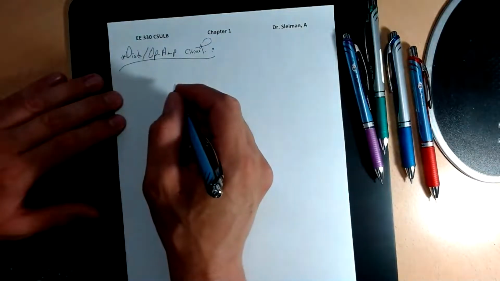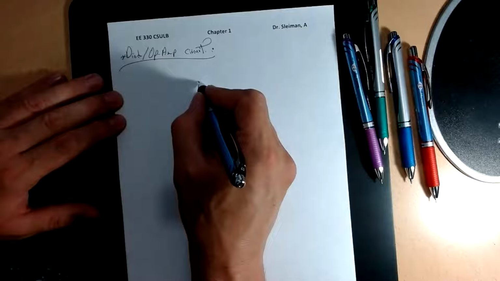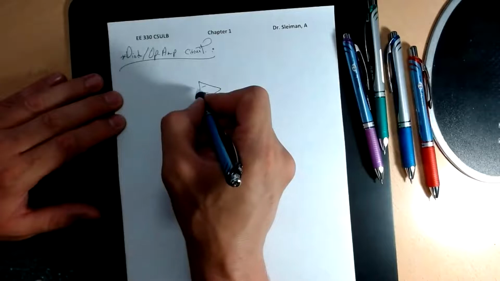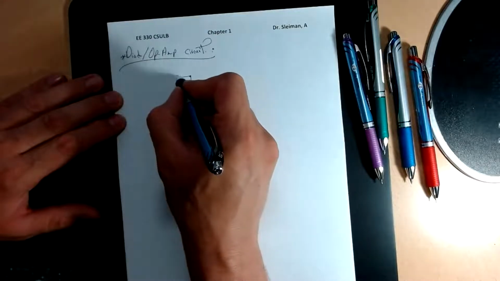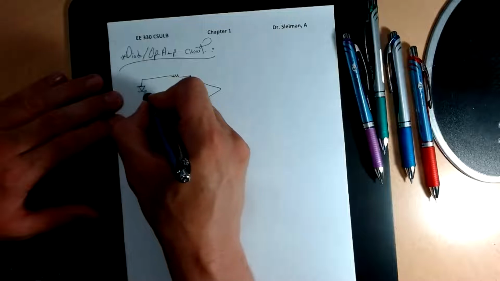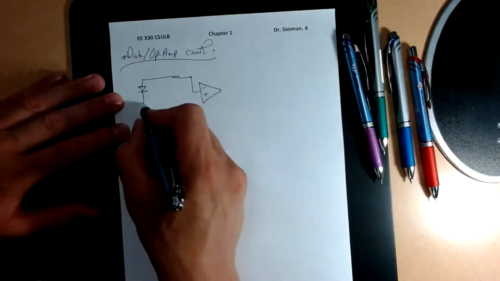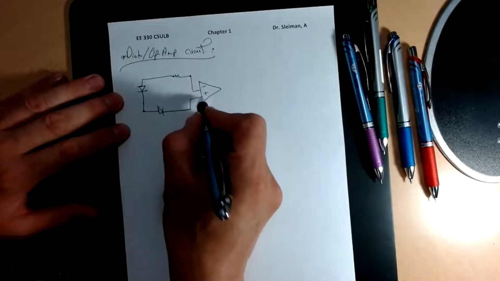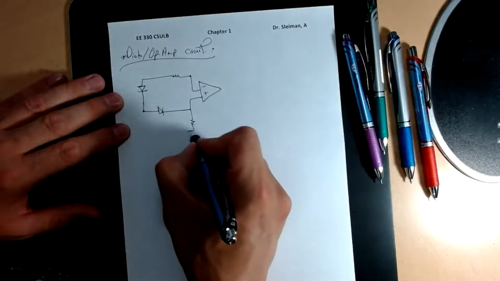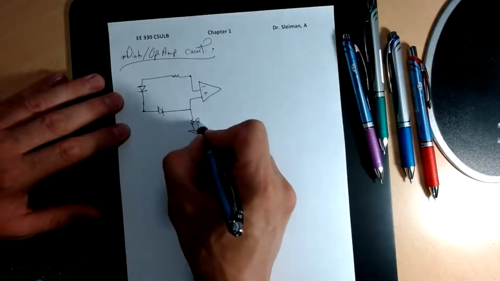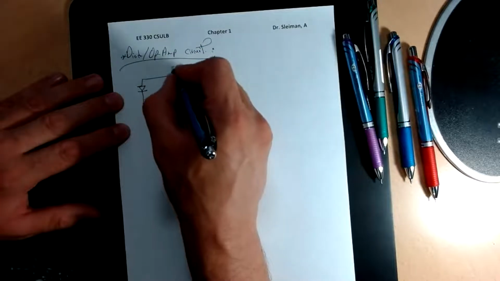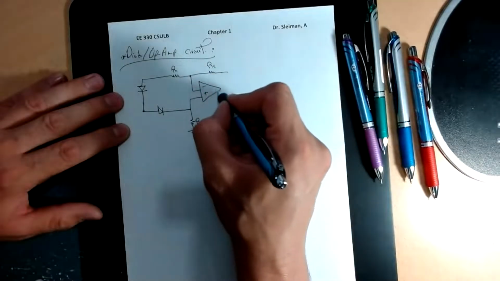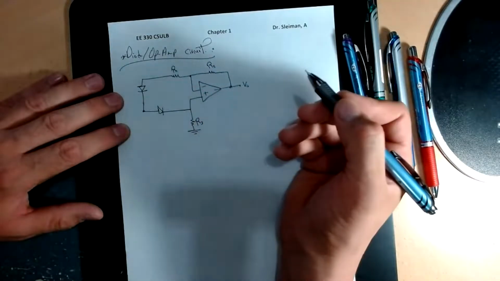So if we have an op-amp, and let's say we have R1 here, and we're going to introduce a diode here, another diode here, R3, R1, R2, and we have V0 here.